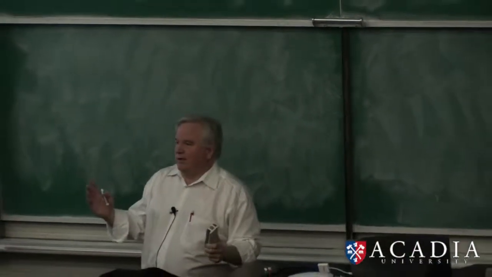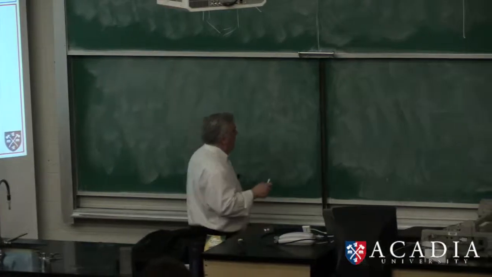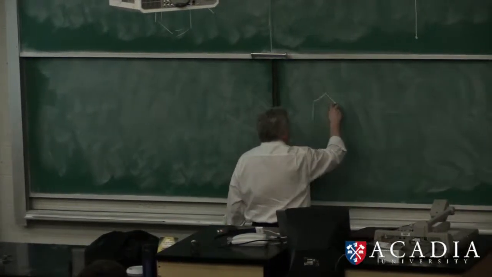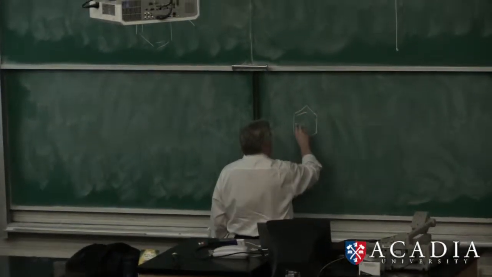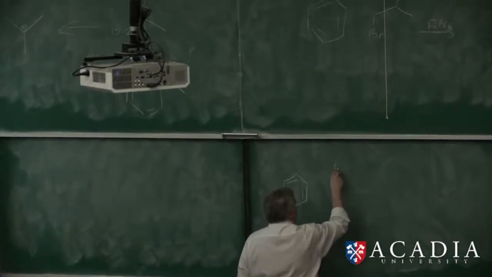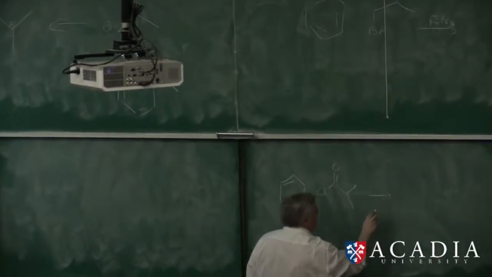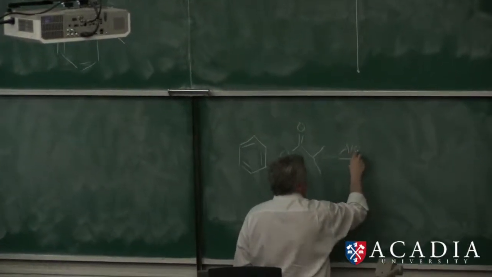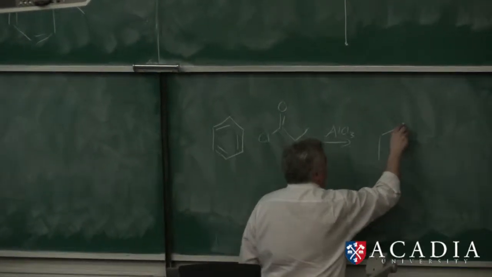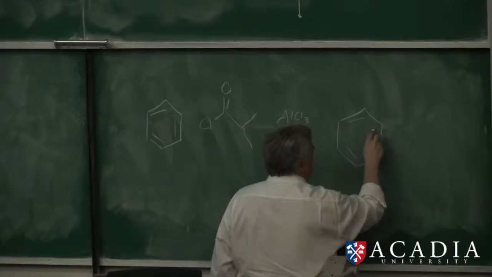So, we're smart people. Can we figure out what we would do, okay? So, what if we use, I won't go through the mechanism, but if we use this, we will get this compound.